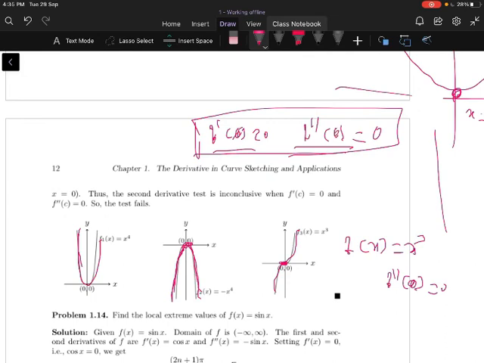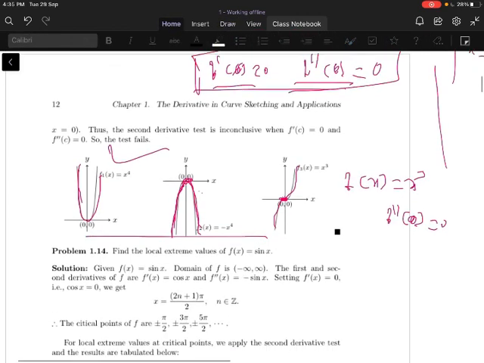Because I have seen that f dash of 0 is equal to 0 and f double dash of 0 is equal to 0 for all three functions, but one function has a local minimum at x equal to 0, another function has a local maximum at x equal to 0, but the third function does not have any local extreme values. Therefore, you cannot conclude by using the second derivative test. You can go for the first derivative test to verify whether the function has local extreme values or not.